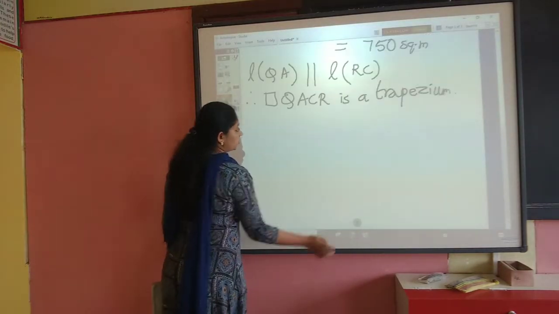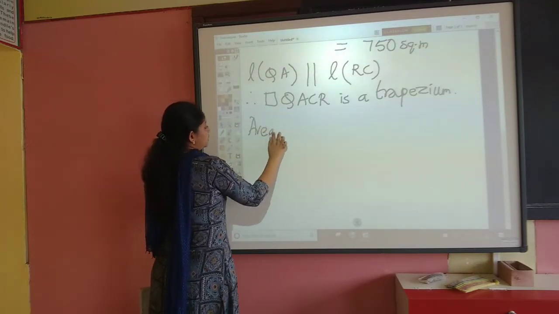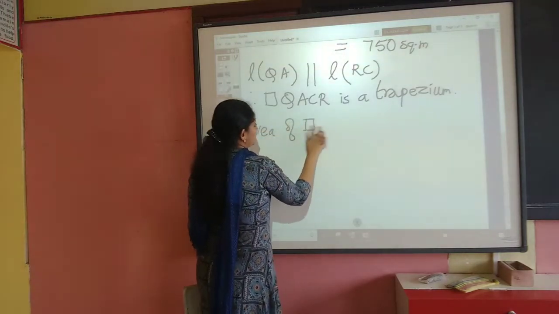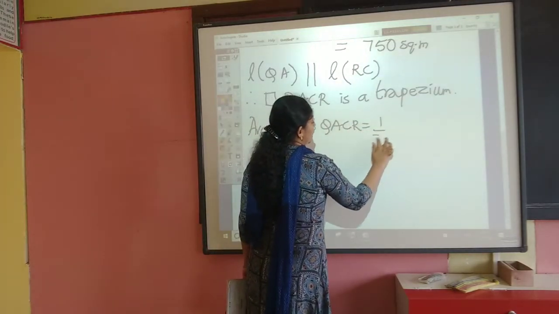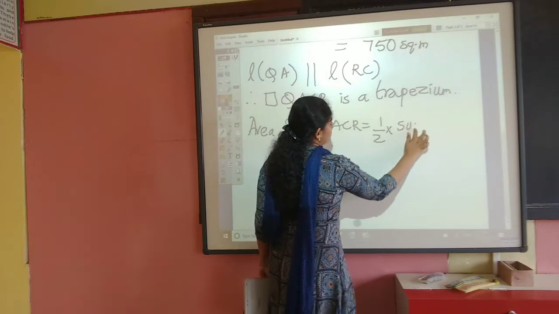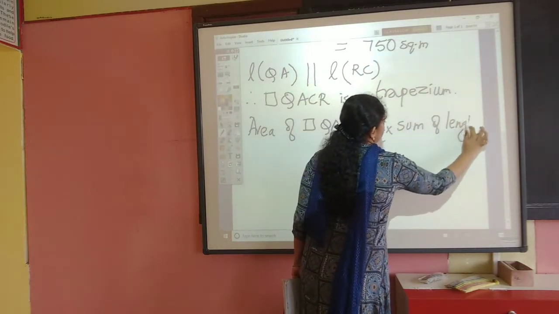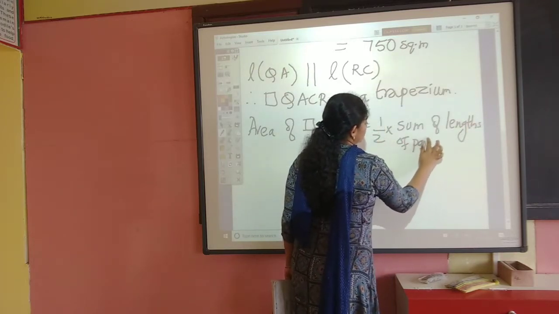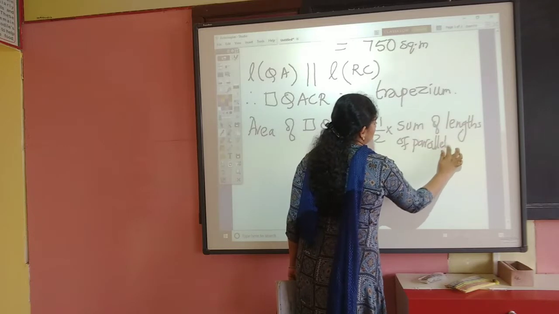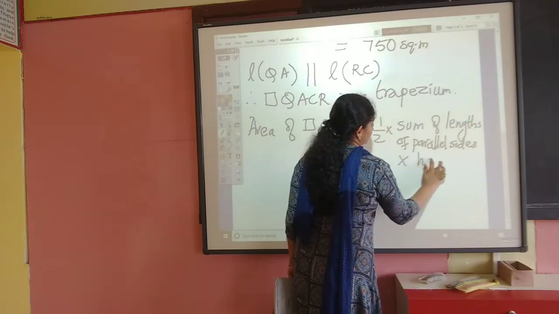Now apply the formula. What is the formula for the area of trapezium? Area of quadrilateral QACR is equal to half into sum of length of parallel sides into height.